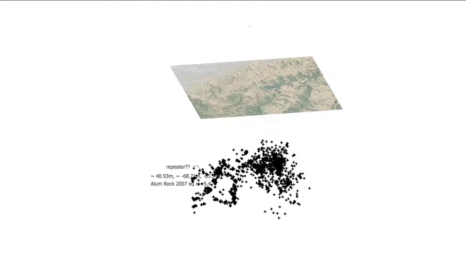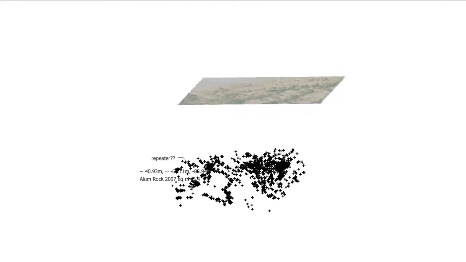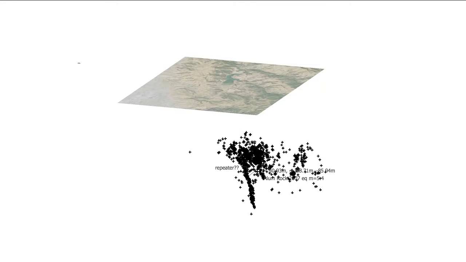Now, the ones you are seeing here are from 5 to 10 kilometers deep during the period 1984 to 2011. And you can see that they, at least on the west side, define a clean Calaveras-Hayward fault trend.